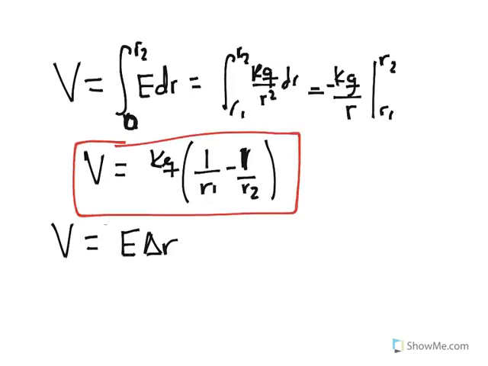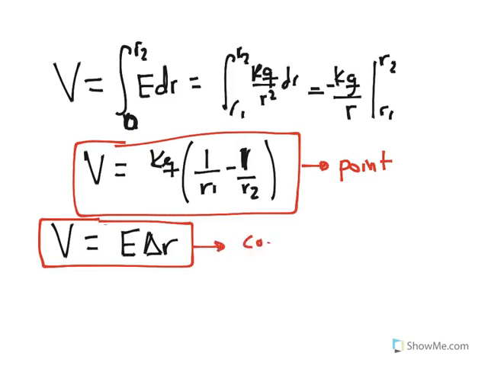And this is the voltage for constant electric fields. This is for point charges. This is for constant electric field. If not, then you probably have to perform an integral.